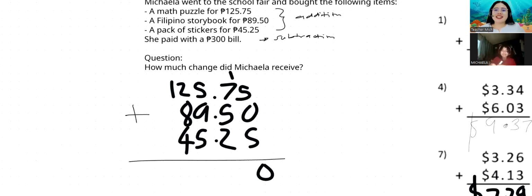But it should be the decimal point. Because if you align those numbers, maybe the decimal point will not be aligned. So therefore, they're not on the right decimal place. So always remember to align the decimal point, not the numbers themselves. Okay? And then add them, anak.